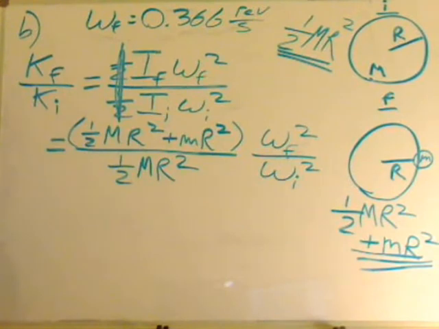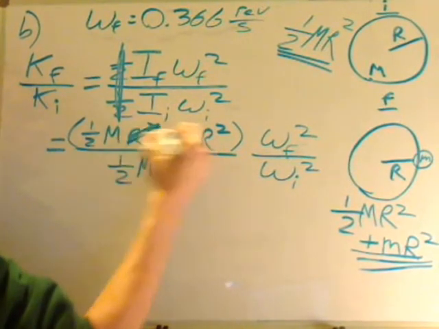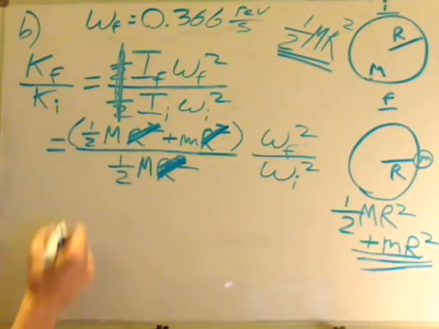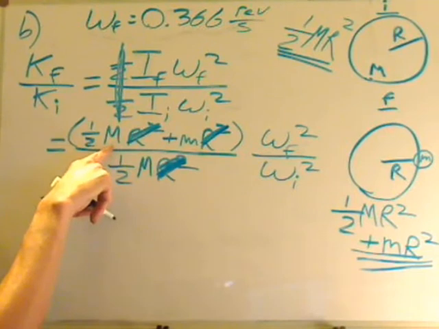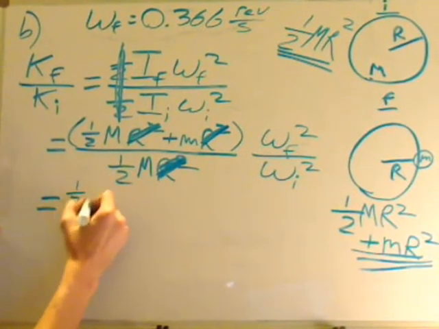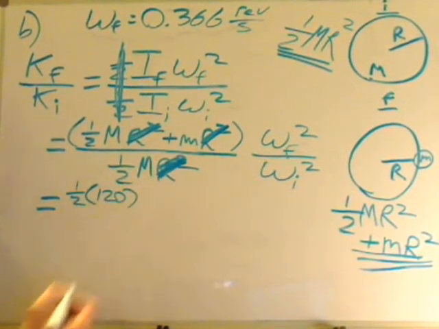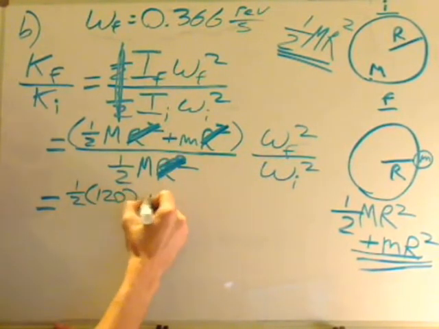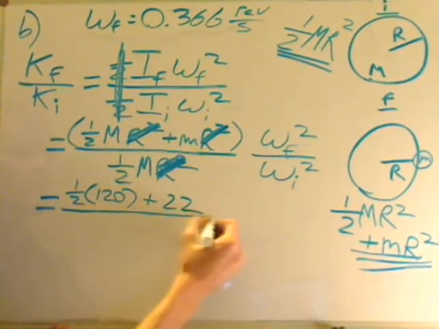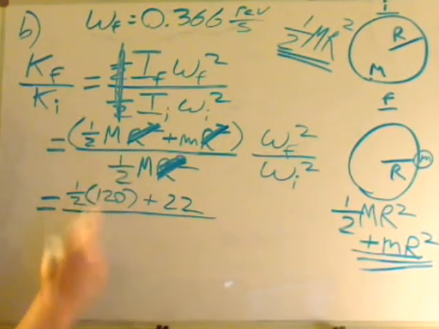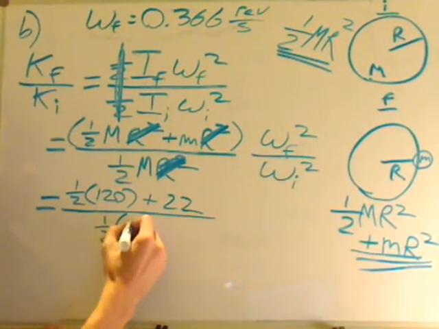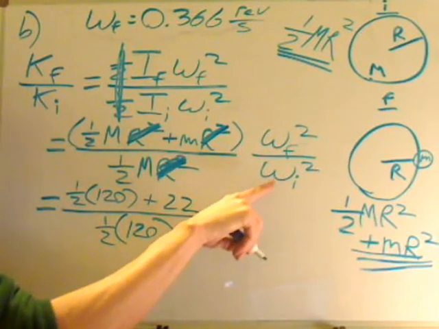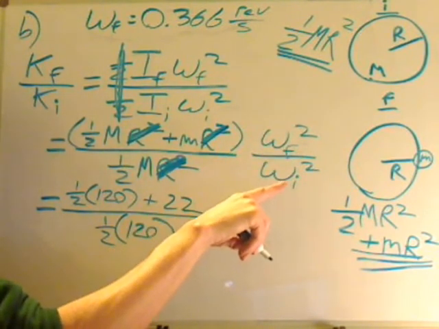Now the r squareds cancel, just like they did in part A, and we can plug in values. 1/2 big M is 1/2 times 120 kilograms. Remember, big M is the mass of the merry-go-round and little m is the mass of the child, so plus 22, divided by 1/2 of big M, which is 1/2 of 120, times omega final squared divided by omega initial squared.